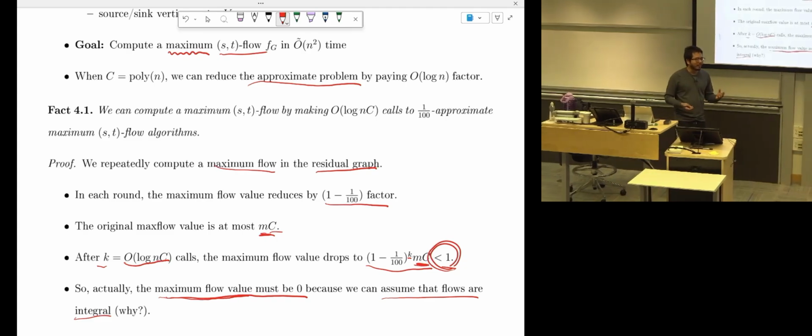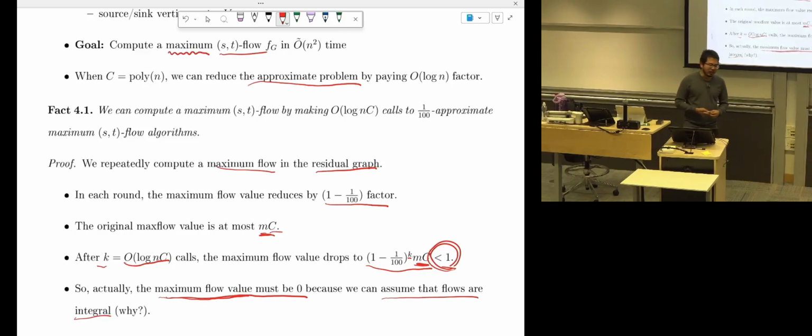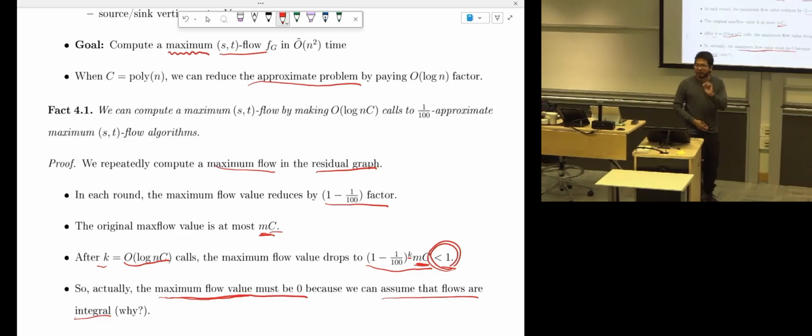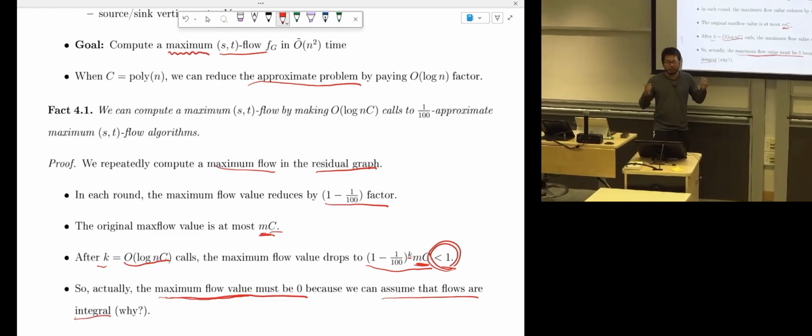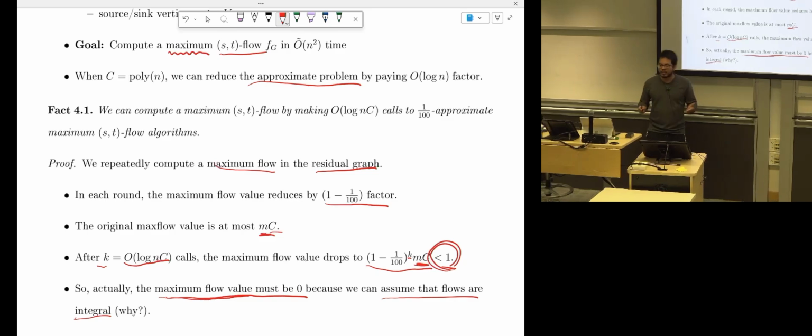Why is that? This is non-trivial, by the way. Suppose that your graph has integral capacity, your algorithm might not give you an integral flow. But there is some black box algorithm that allows you to route the flow to make it integral in m log n time.